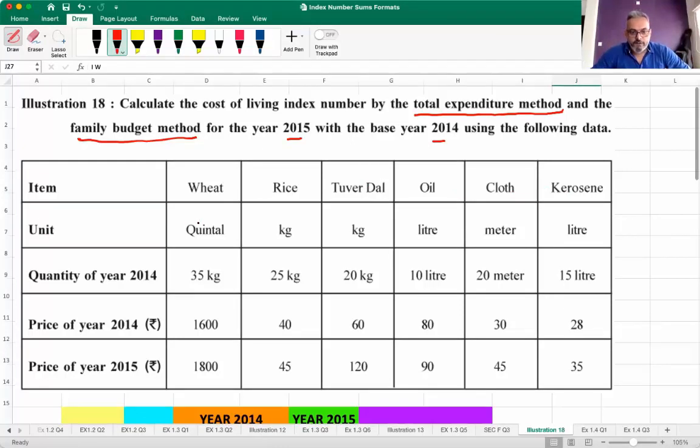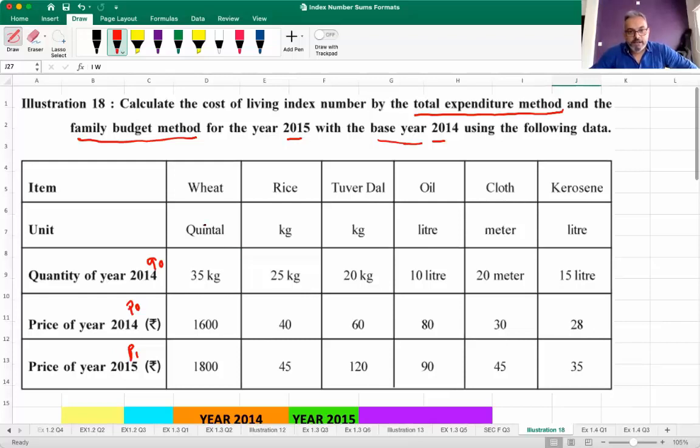Unit: wheat quintal, rice kg, tur dal kg, oil liter, cloth meter, kerosene liter. Now quantity for the year 2014, so Q0, because that's the base year, then price of 2014 P0 and price of 2015 P1.